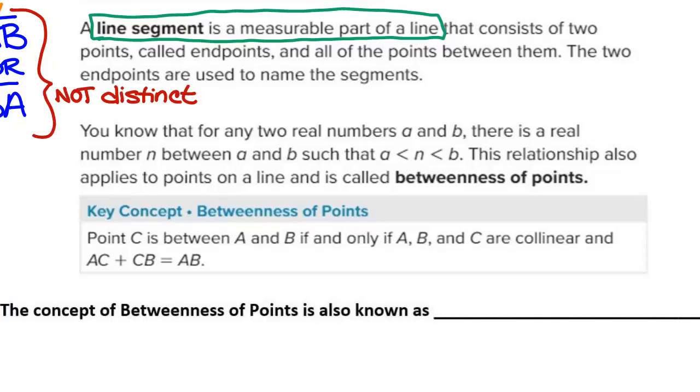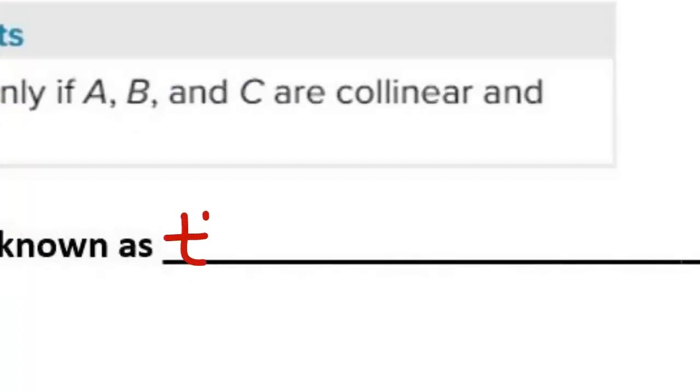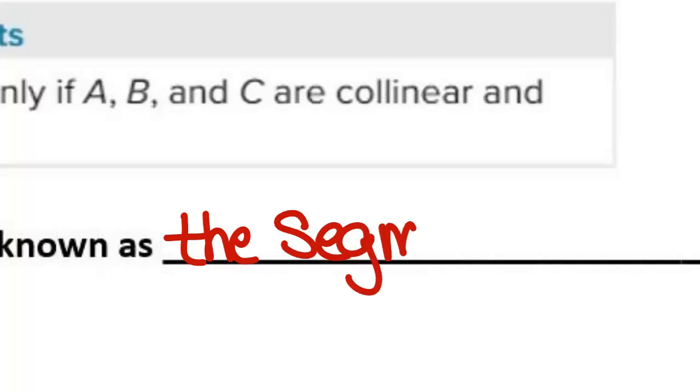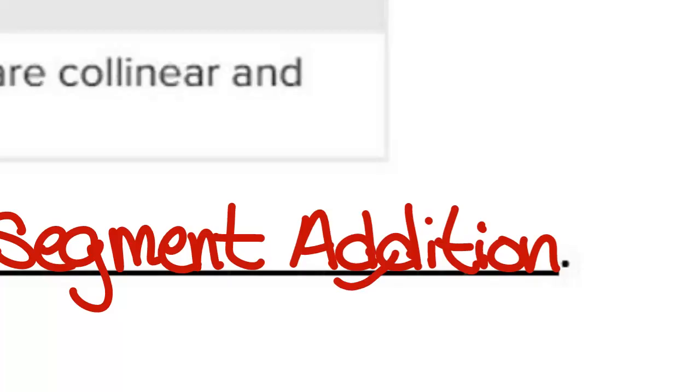And once we start introducing this idea of line segments, pieces of lines, then we introduce a concept called the betweenness of points, although I will probably never refer to it that way again. On this line right down here, I want you to write what we're going to refer to it as, which is the segment addition postulate.